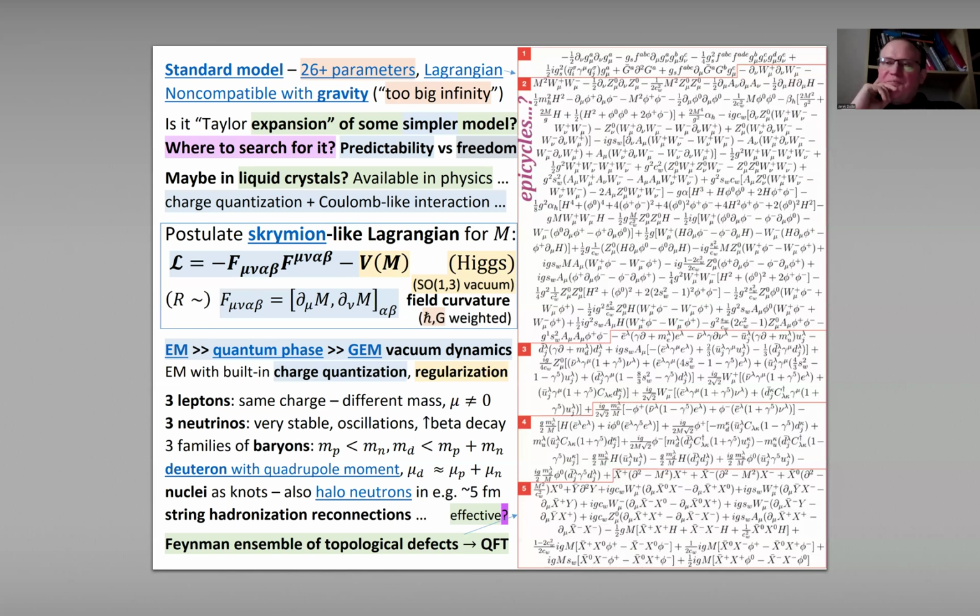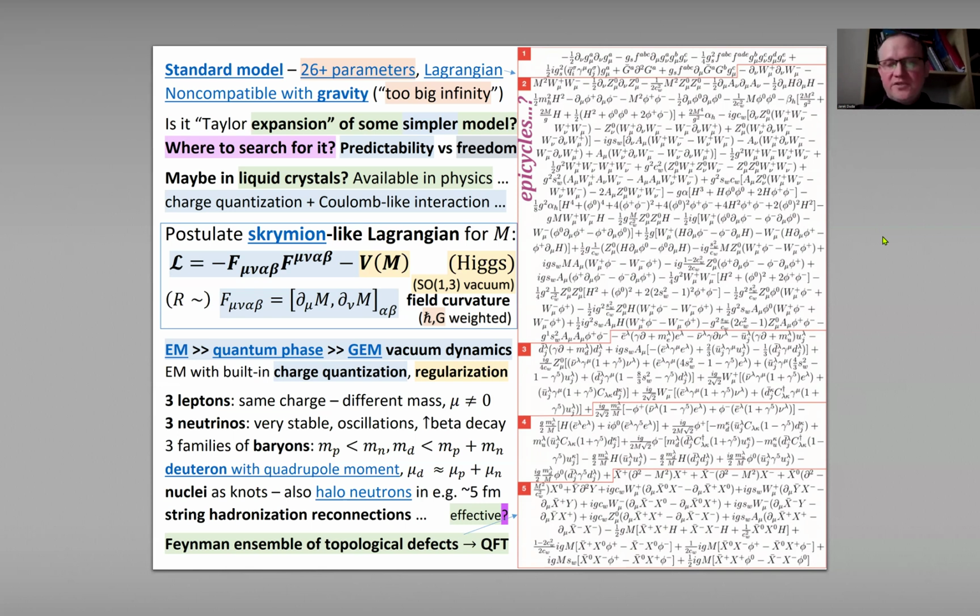So the standard model here is the Lagrangian of the standard model. It is huge, kind of epicycles: when something disagreed with experiments, they added new terms. And now there are problems like QCD being still mostly non-perturbative. So maybe we should find some deeper model for which this huge Lagrangian is an effective description.